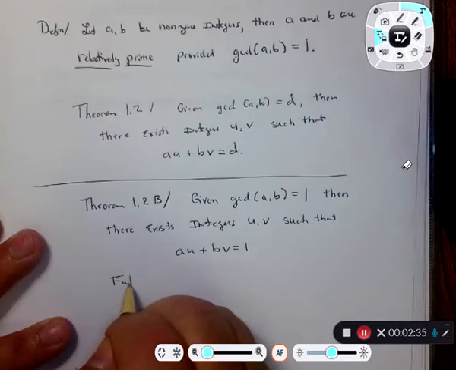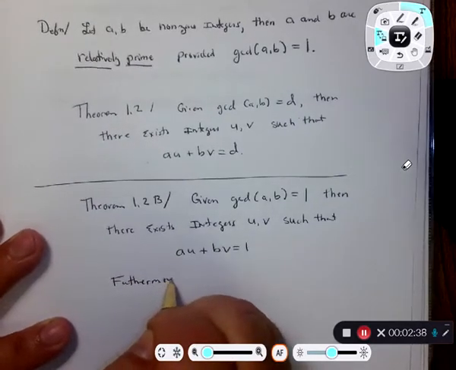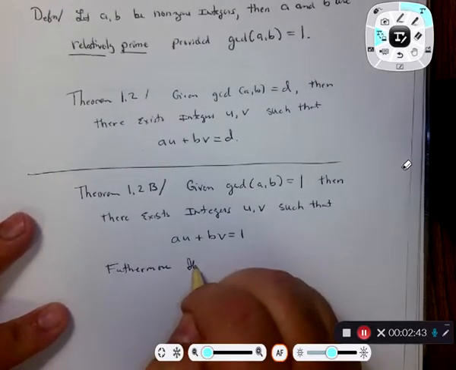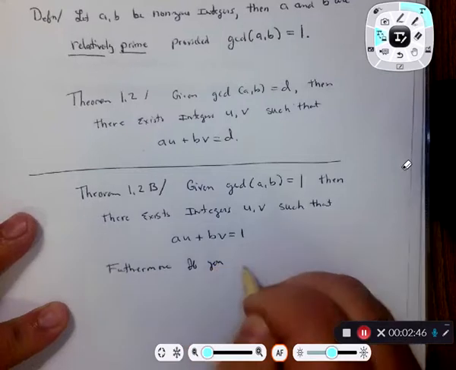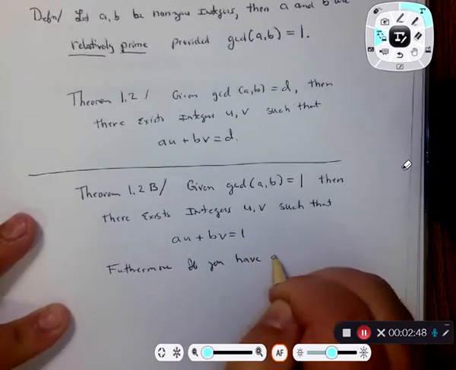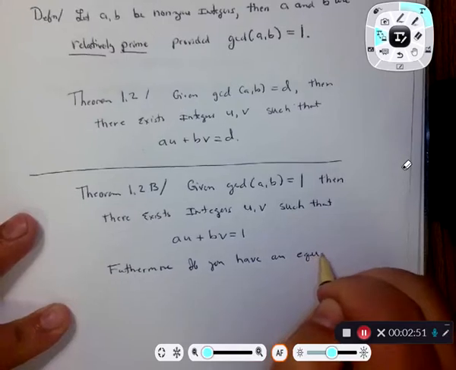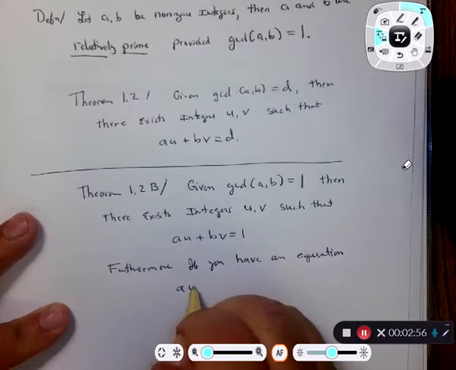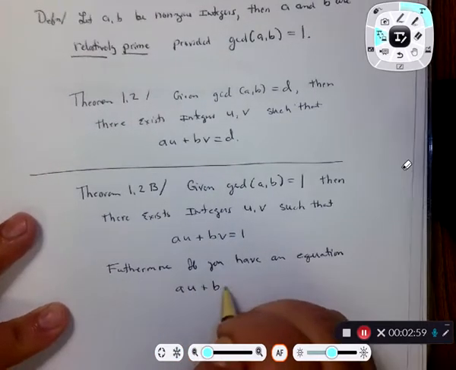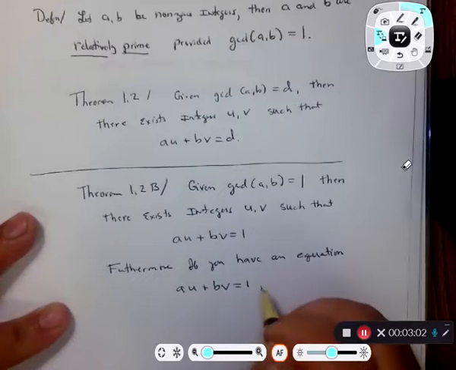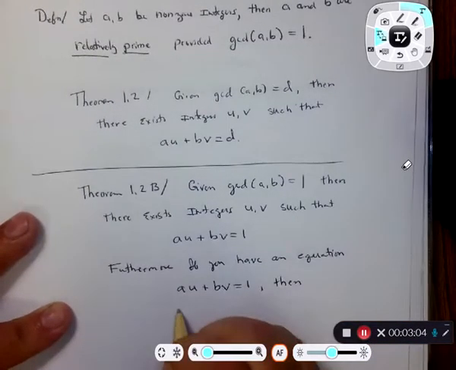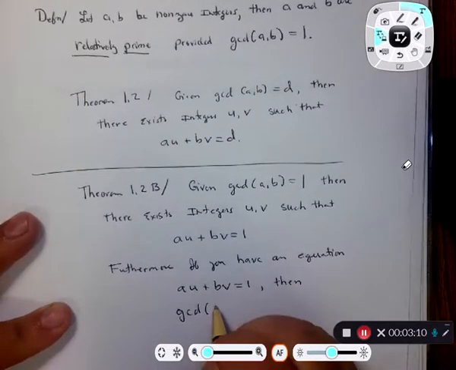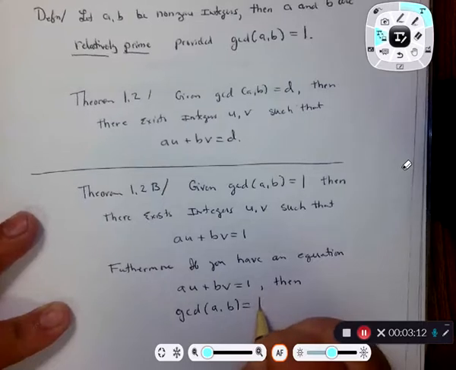Furthermore, if you have an equation with integers, of course, A times integer U plus B times integer V equals 1, then the GCD of A and B is equal to 1.